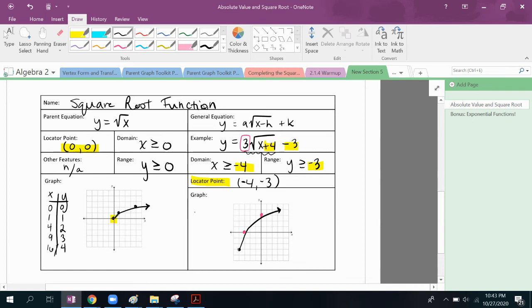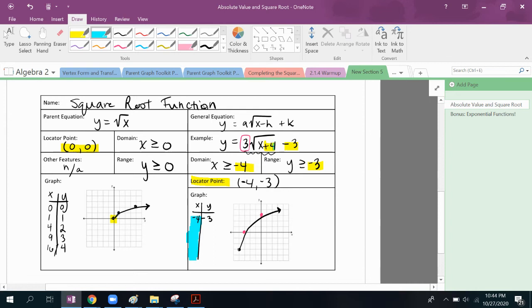Let's also take a look at the table. In this case, our locator point tells us where to start. So at -4, we know that it'll be -3. What other numbers here are going to make our square root happy? We want to be really mindful of what we put in for x so we can get nice integer values.